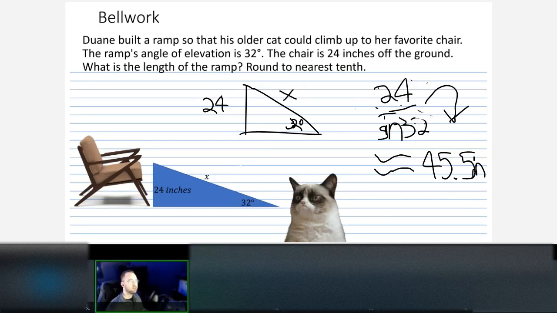I'm getting a lot of 45.3s as the answer in chat. Okay, yeah. So you must have just typed in something wrong, or maybe just misread it by accident. No worries, I do it all the time. So 45.3. Yep.